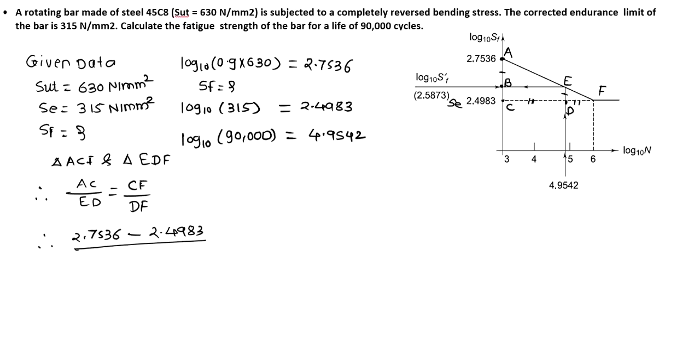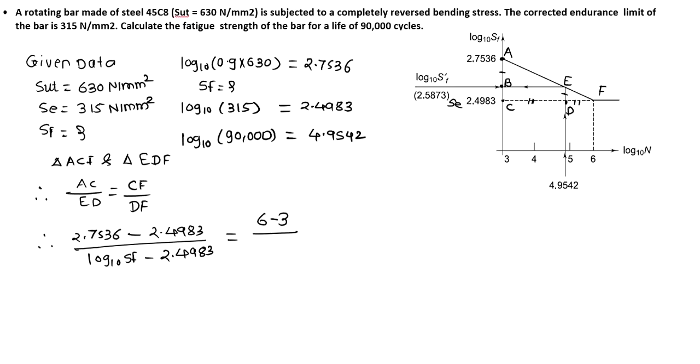ED is at point E, log to the base 10 of Sf, minus at point D the value 2.4983, and that is equal to CF divided by DF. For CF, the value of F is 6 and the value of C is 3, divided by DF.